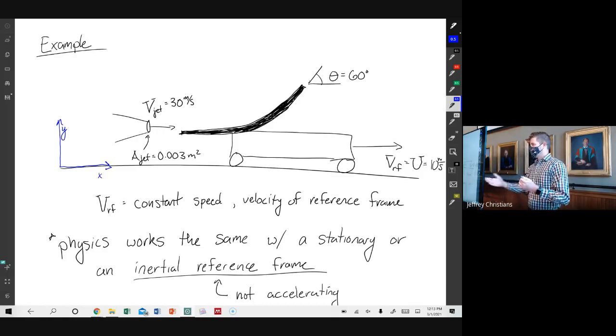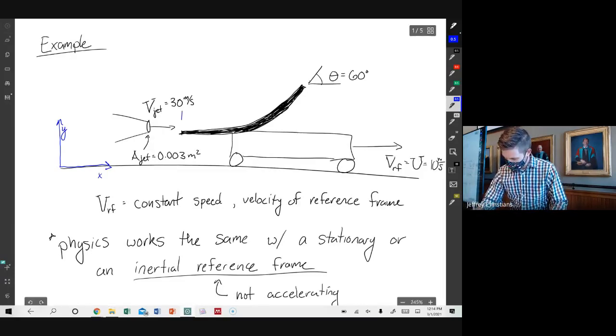It'd be like doing an experiment on Earth, and rather than using the stationary Earth as your reference frame, you're using the stationary sun, and you'd have to ask what the Earth's velocity relative to the sun is, and it gets confusing. As long as the frame is inertial, it doesn't matter if it's actually moving or not. We just pick something that's not accelerating, call that our reference frame, and measure things relative to that.